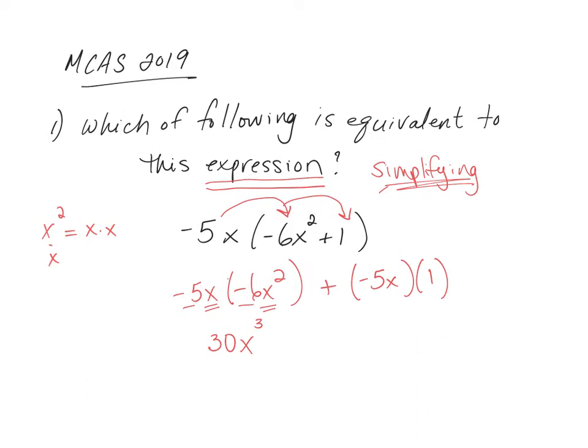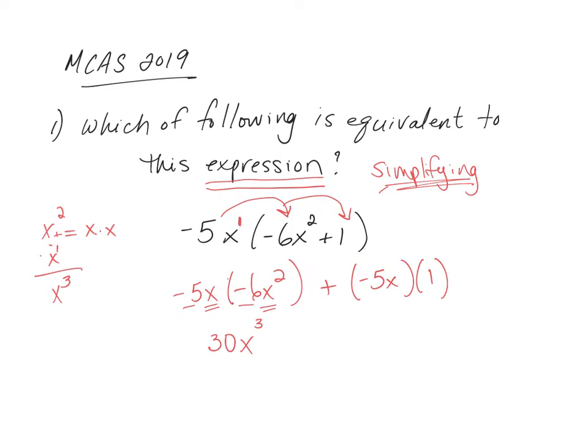Or you can think of it as this x here, even though it's not written, has an exponent of 1. And when we multiply the same variable, we add the exponents. So of course, x squared times x to the first is going to give me x cubed, because 2 plus 1 is 3.